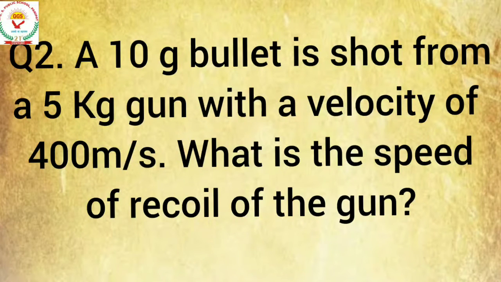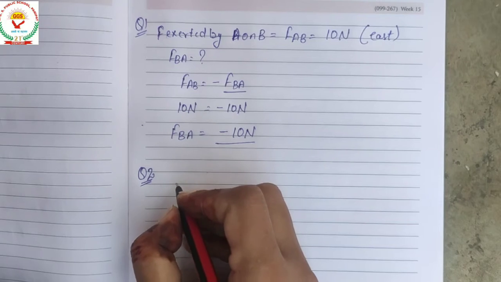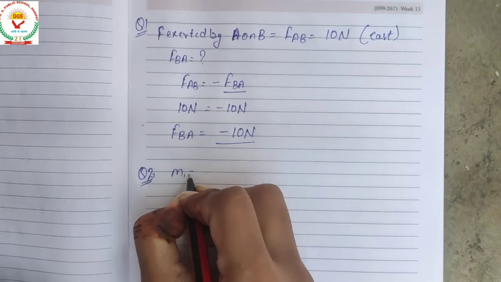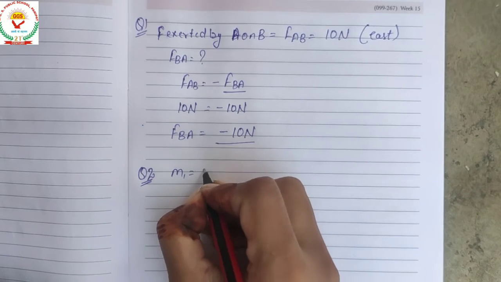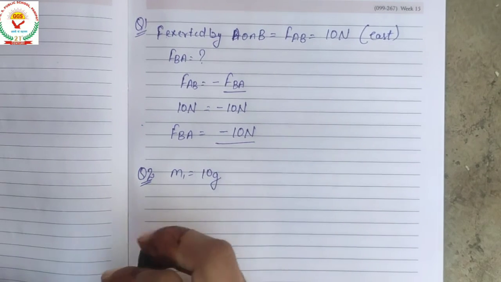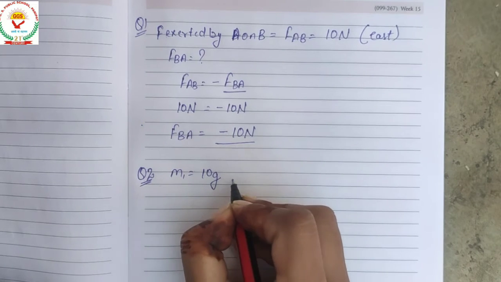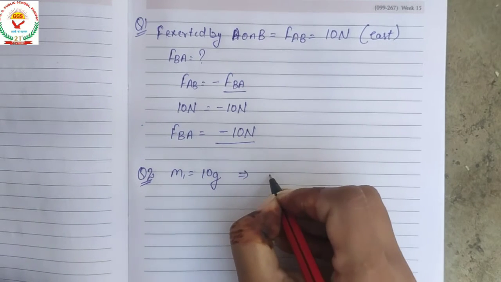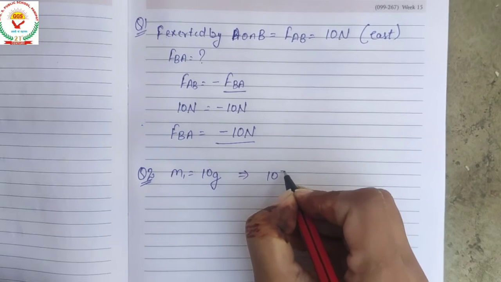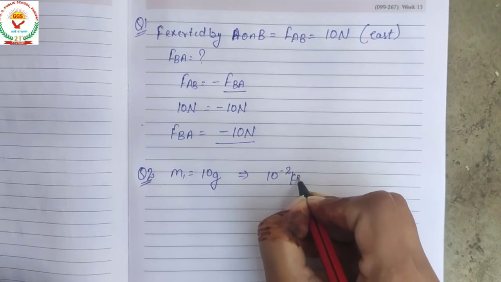Our second question is: a 10-gram bullet is shot from a 5 kg gun with a velocity of 400 meter per second. What is the speed of recoil of the gun? So we are given M1, the mass of the bullet, that is 10 gram. We have to convert this 10 gram into kgs, that will be 10 to the power minus 2 kg.